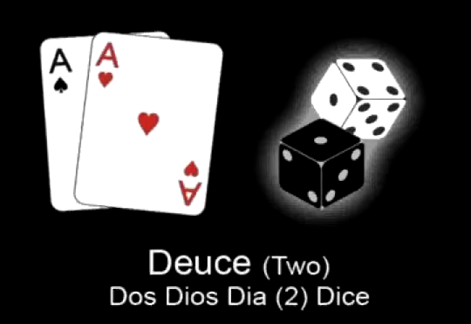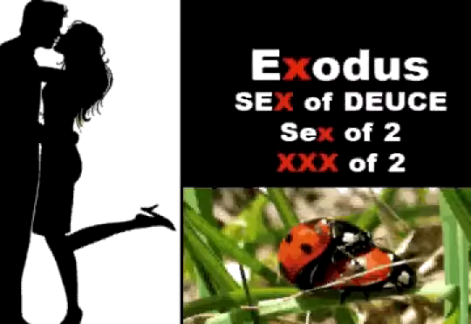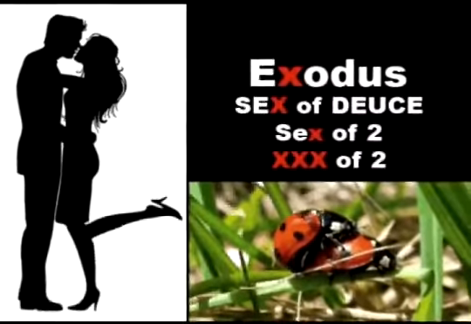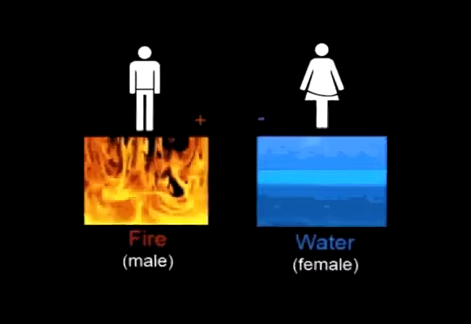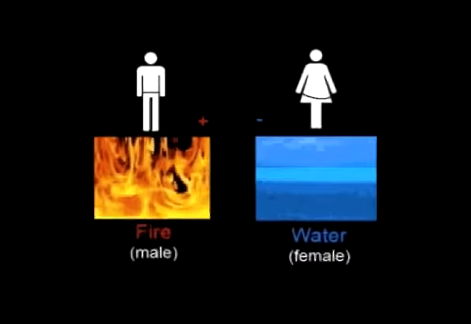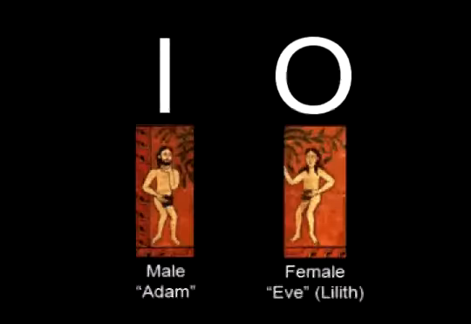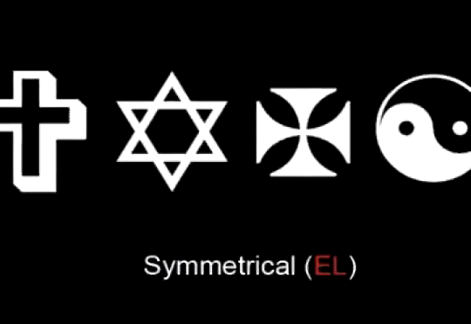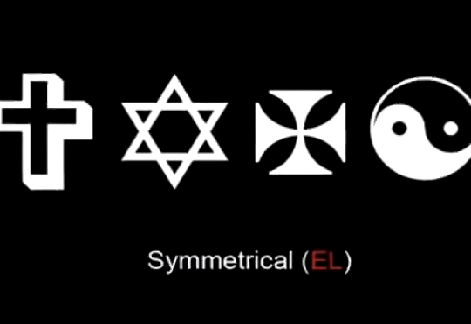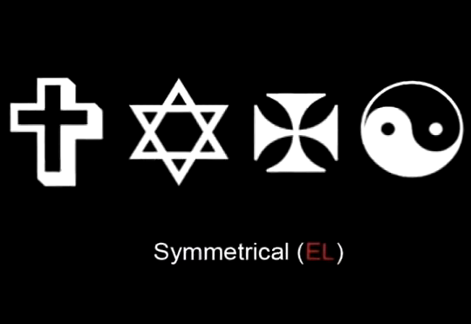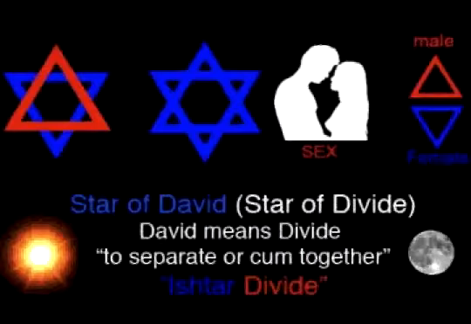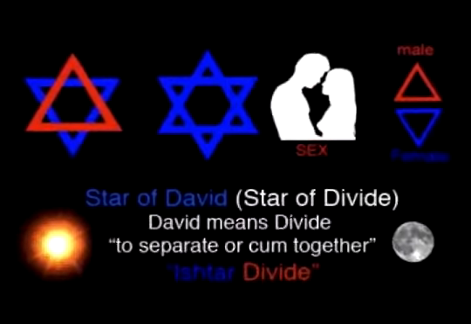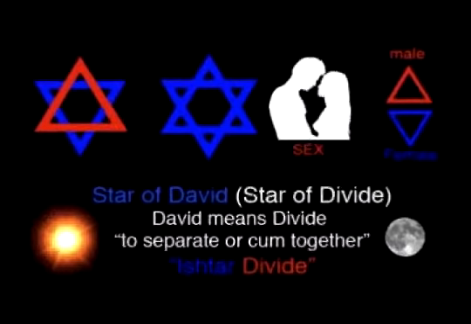Notice the produce as in deuce, as in dose, as in Zeus, the two, because all animals reproduce with the dualistic nature of male and female, which is why almost all of the symbols of religion have the dualistic nature of negative and positive, the two halves, the dios, the two sides.